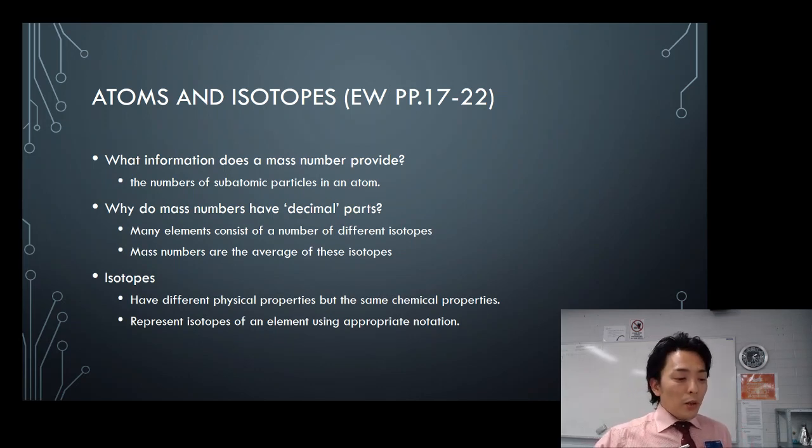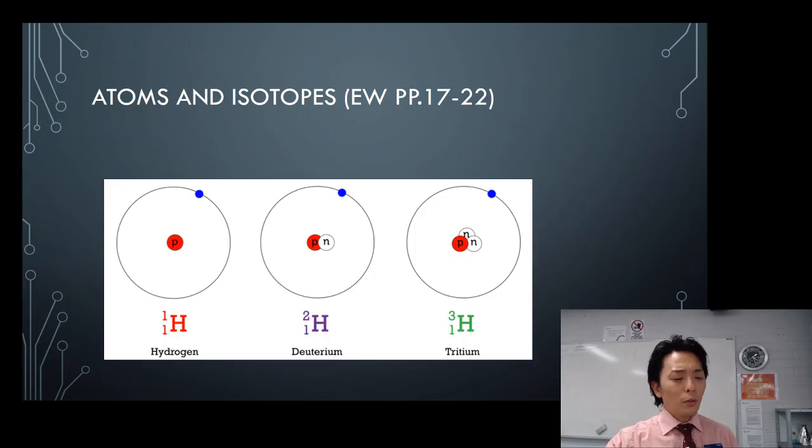How can you represent isotopes of an element using appropriate notation? Well, we'll probably draw it on the board, or you can do a bit of research, or just look here and work it out. This diagram shows the notation. If you have hydrogen, 1 and 1, that's what they say. Think of what they represent.